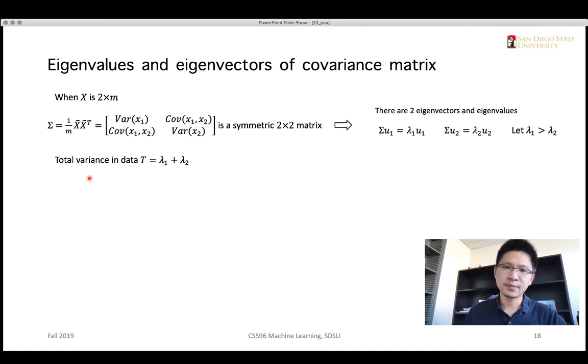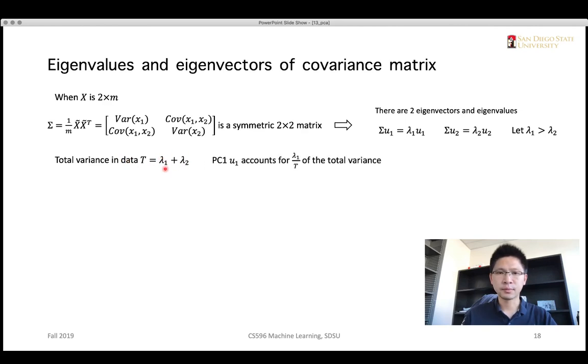The total variance in the data is the summation of the lambda values. Previously we have seen that by maximizing the sum of squares, we obtain the eigenvectors as the solution to our optimization problem, and the corresponding eigenvalue is the value of the maximized variance. So the total variance in the data, T, is the summation of lambda 1 and lambda 2. Lambda 1 corresponds to the sum of squares of the projections along the first principal component, u1, and lambda 2 is the total sum of squares along the second principal component.